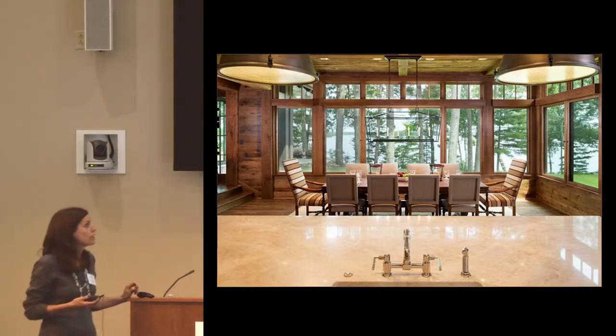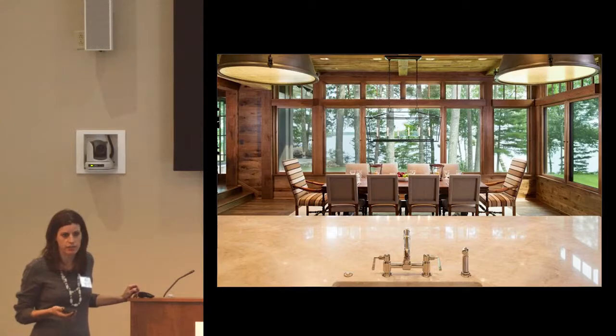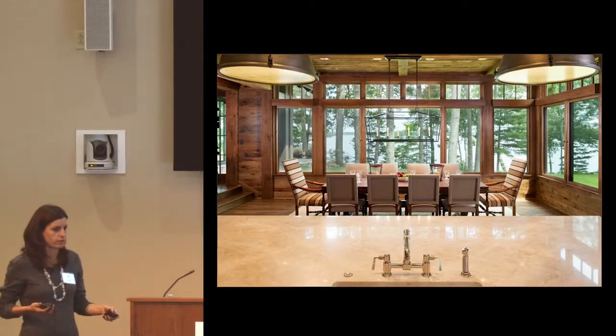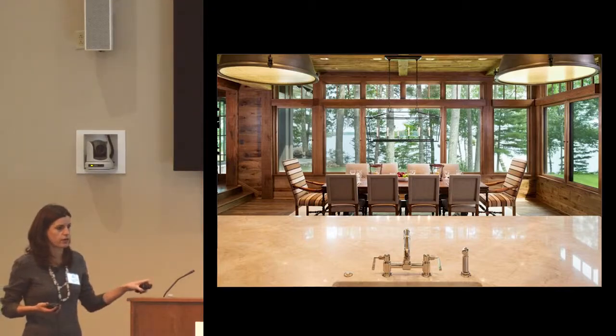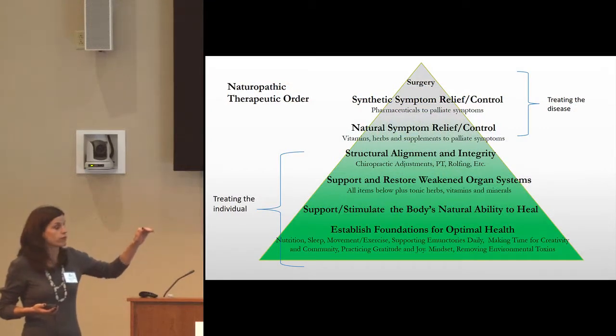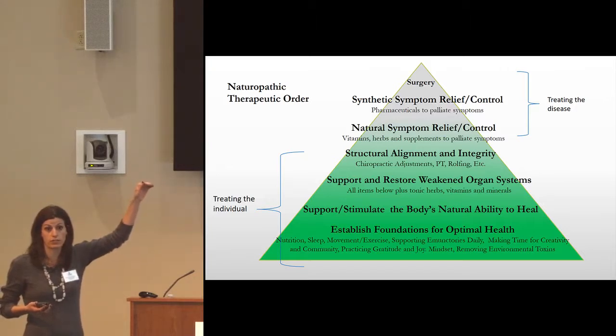Okay. So I'm going to share a case to illustrate how this works. I'm going to go back to this so I can talk about how treating these bottom 4 levels and bringing that light in can alleviate the need to treat the top 3 levels.